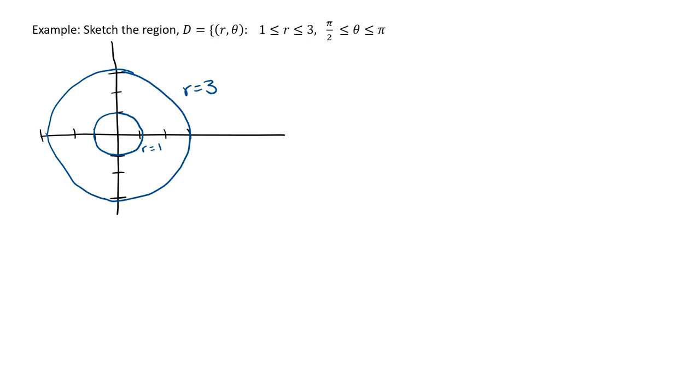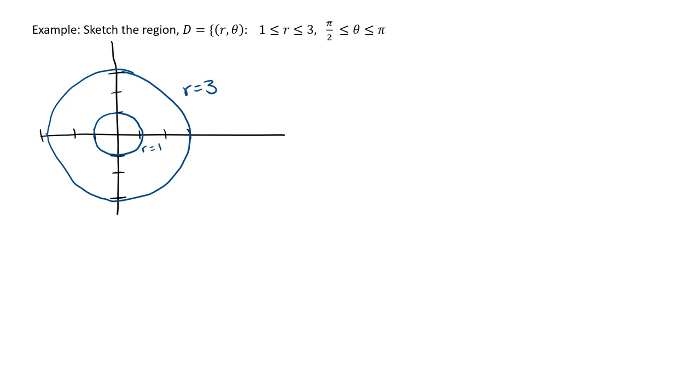Well, I have just drawn an r value of 1. If r equals 1, what that means is we have a radius or a distance from the origin of 1. So it's technically a circle with radius 1. So r equals 1 is my inside circle, and then r equals 3 just means my distance from the origin is 3, so I have a circle of radius 3.